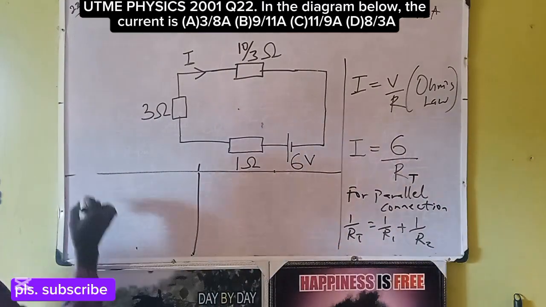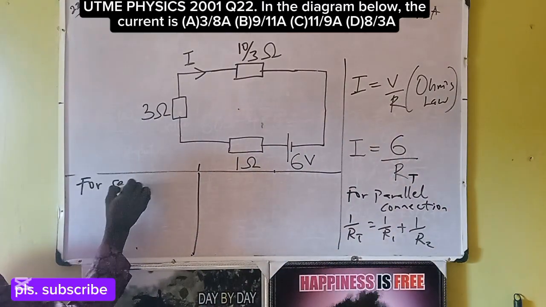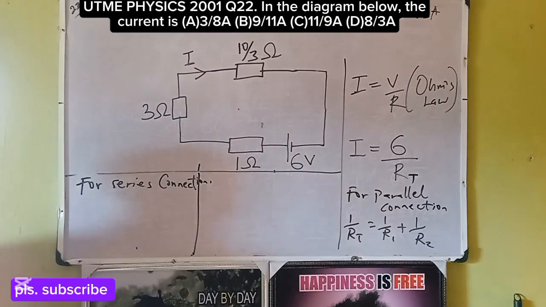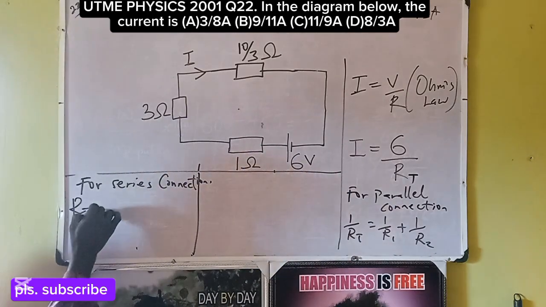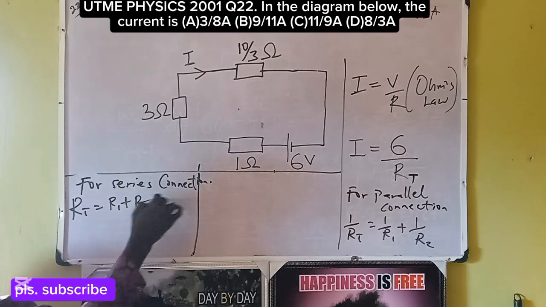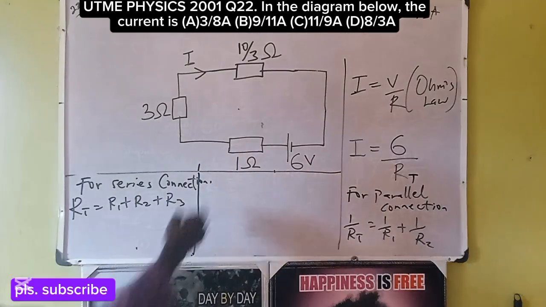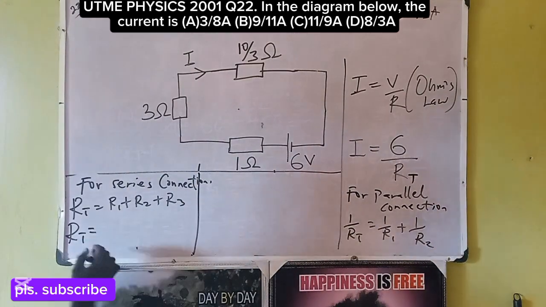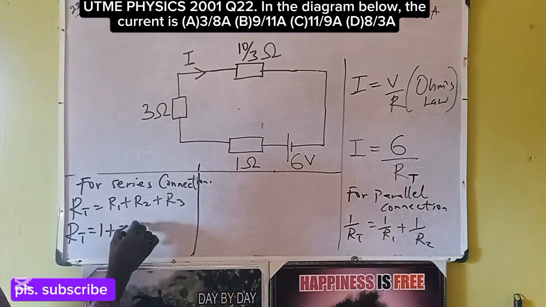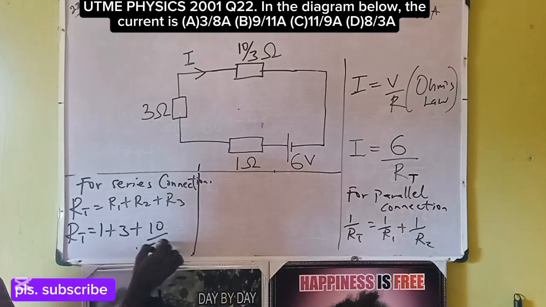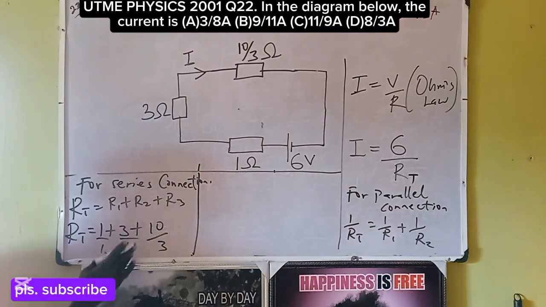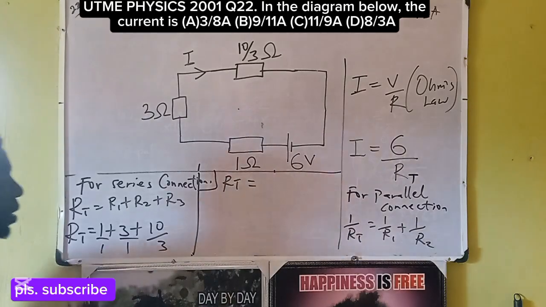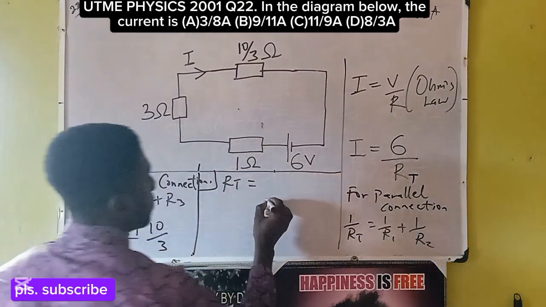Then for series connection, we'll be having RT is equal to R1 plus R2 plus R3. We'll have 3 resistors. Then we'll push ahead. RT is equal to, my R1 is 1, plus 3, plus 10 over 3. Each over 1, 1, 1. Then RT is equal to, let's find the LCM.